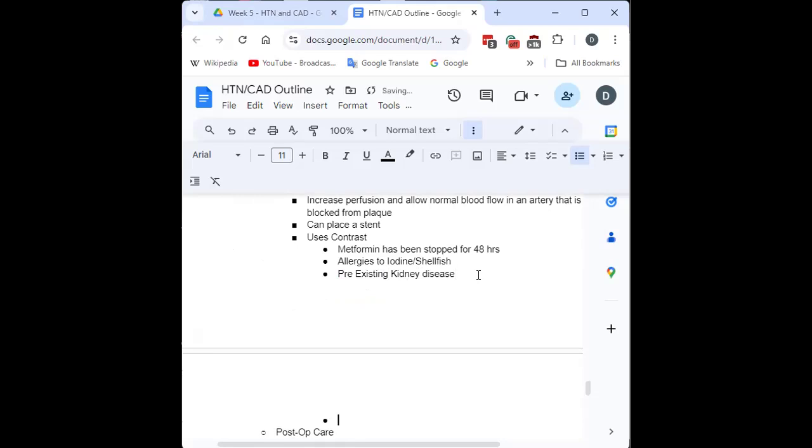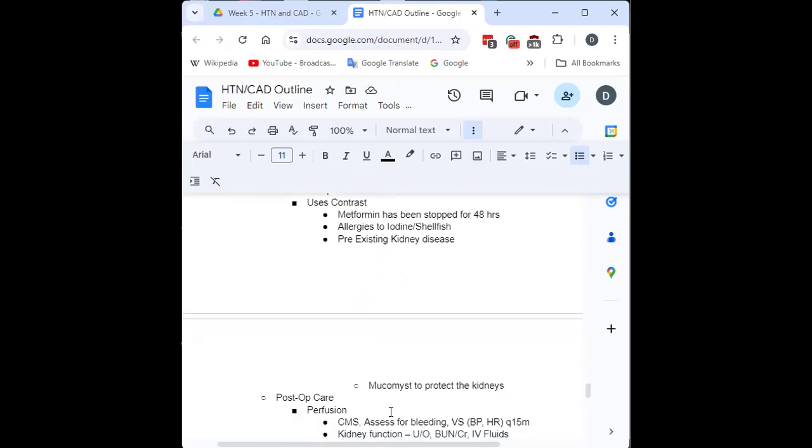And something extra for the future is you can give acetylcysteine. You don't need to know that right now, but if you hear it one time, maybe you'll remember it for 232, because Mr. Robbins likes to go over it a lot.